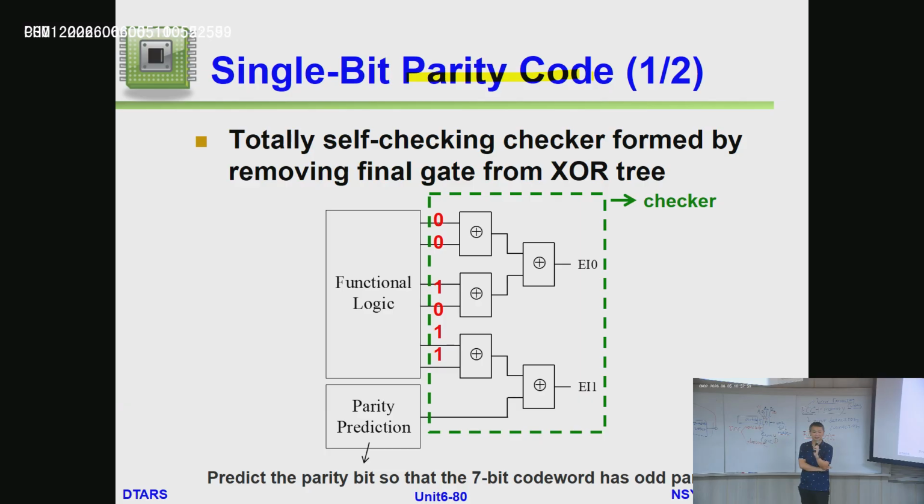What is parity? I think you should have learned that in your first year of university in digital system design. Do you remember that? What is the parity of a signal? For example, this one, 1, 2, 3, 4, 6 bits. What is the parity of these 6 bits of functional outputs?